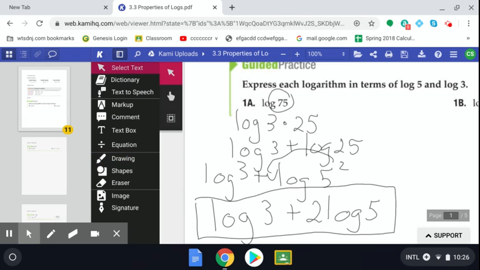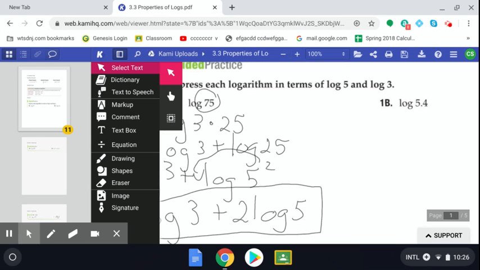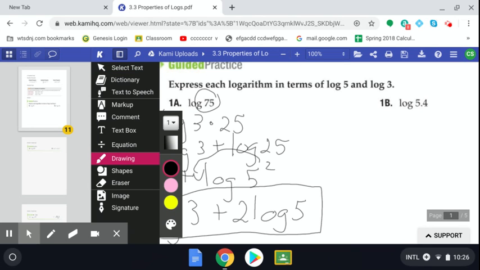Okay? For the second example, you have log 5.4. So what you need to do again is find multiples of 5 and 3 that, when you do a set of operations, will result in 5.4. So what I did here was rewrite that as log.